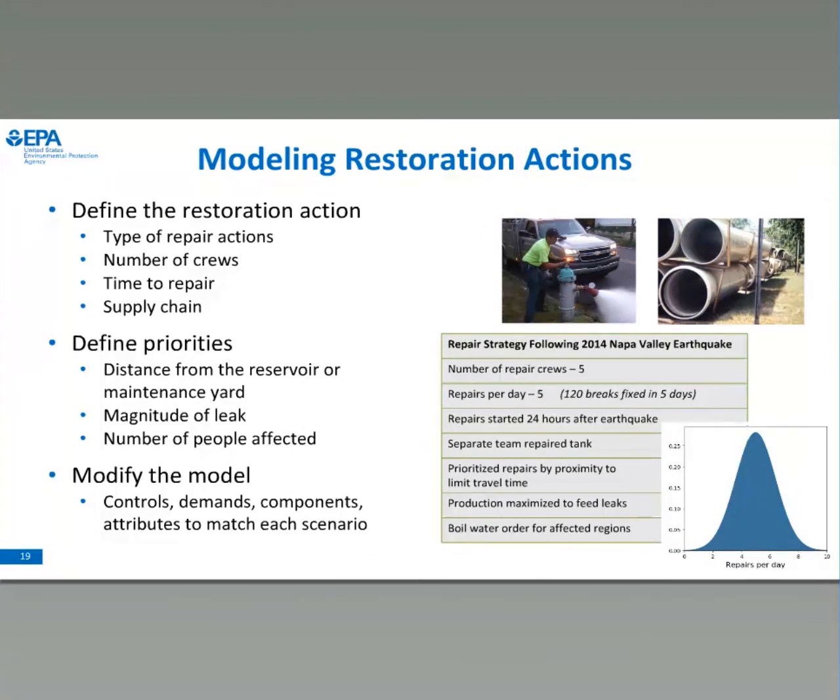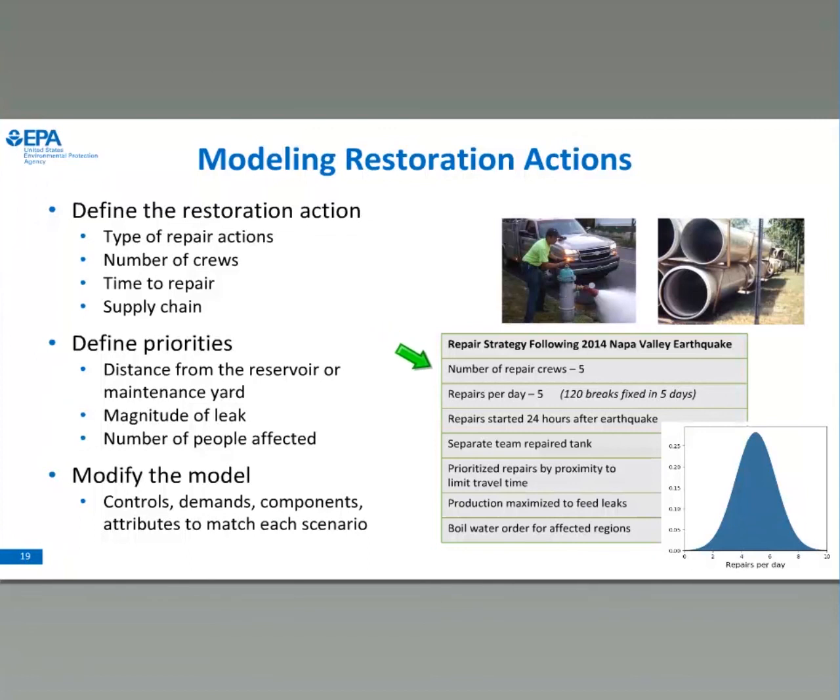Winter also includes the ability to model restoration actions. So you're able to define maybe the number of types of repair actions that you're interested in, the number of crews that might be helping you do the repair, and the time to repair. And again, this is an example of a repair strategy that we found from the 2014 Napa Valley earthquake.